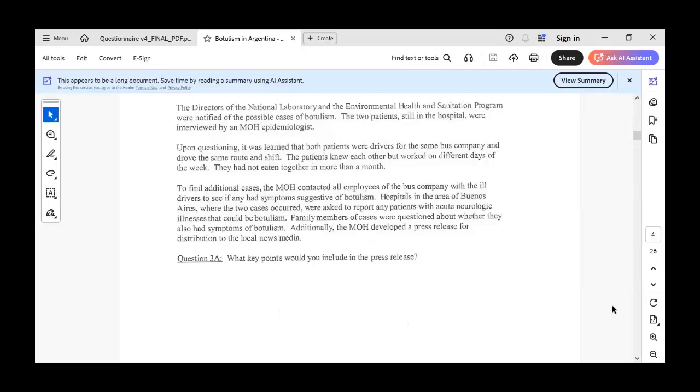So you want to let them know that these are some typical signs and symptoms of botulism. I also had a brief description of the current cases without revealing any personal information, as well as when they should present to a hospital or for testing.